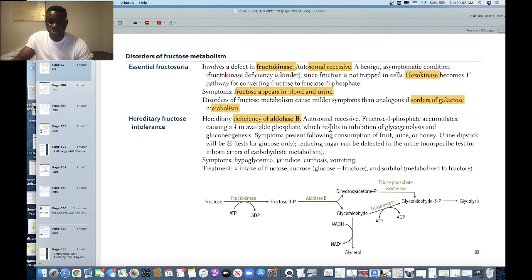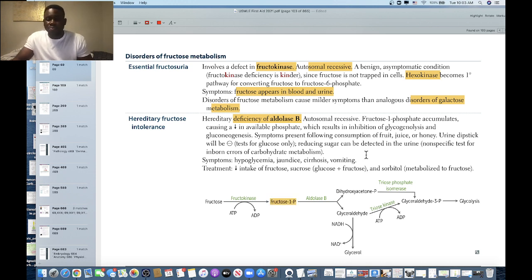So that was aldolase B. Here, aldolase B also splits fructose 1-phosphate into dihydroxyacetone phosphate, that's DHAP, and glyceraldehyde, the same as in glycolysis. So deficiency of aldolase B will lead to accumulation of fructose 1-phosphate.